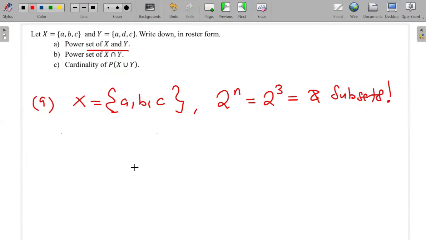So now to write the power set of this set, we're just going to list all the 8 subsets. I'm going to say power set of X is equal to, and then I start listing the subsets.